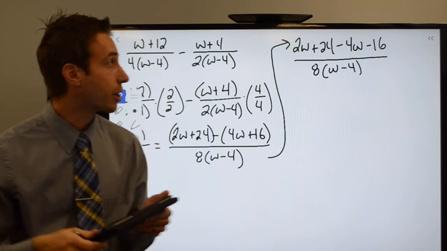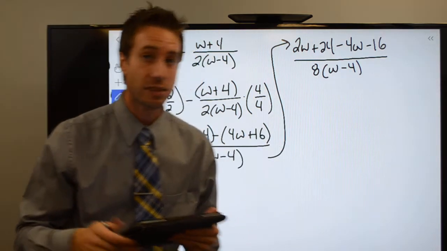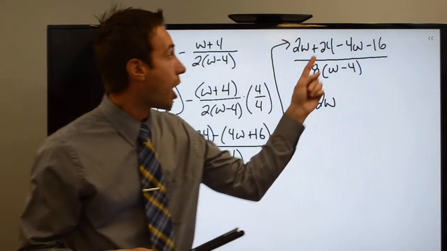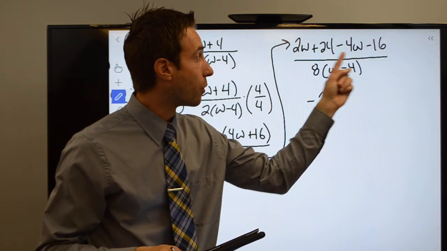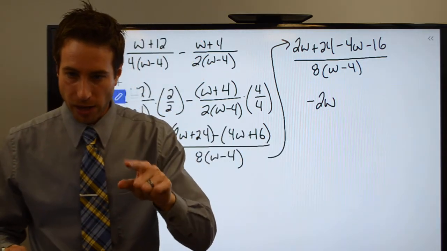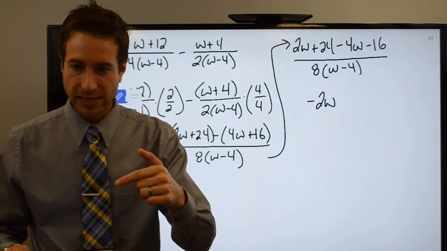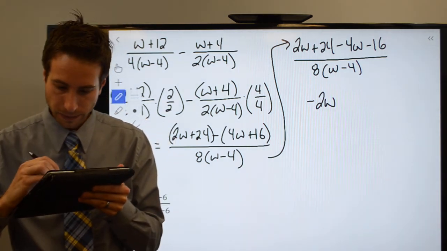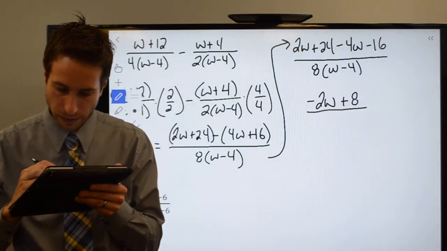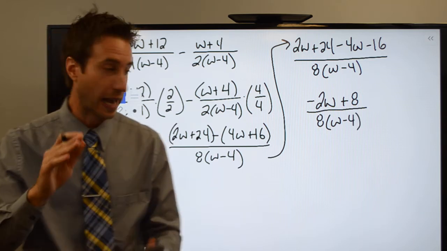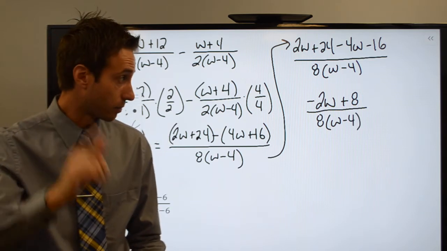Okay, combine like terms. 2w minus 4w is going to be minus 2w. Positive 24 minus 16 should leave me with 8, all over 8 times w minus 4. Okay, but check this out.